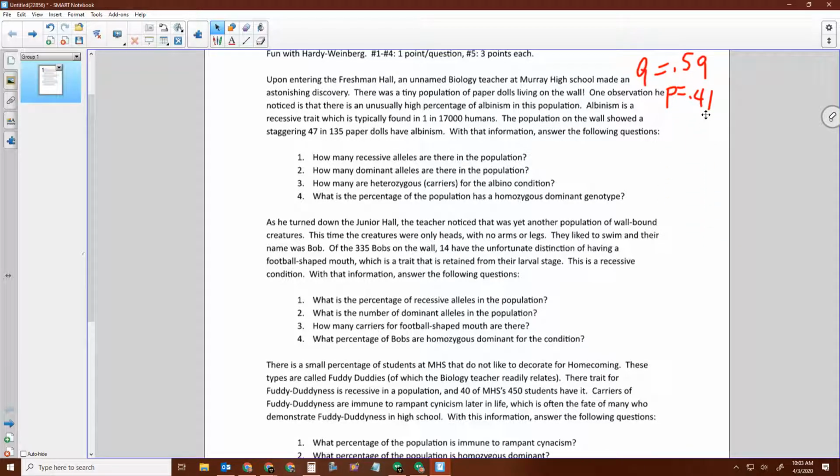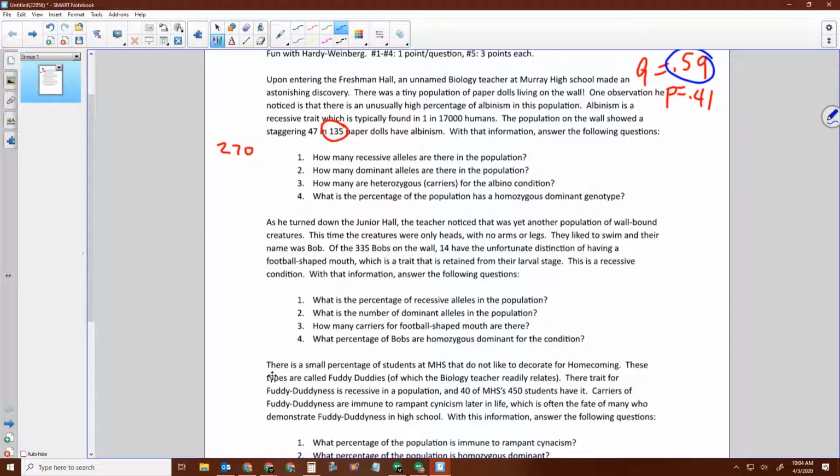And so let's look at number one. How many recessive alleles are there in the population? All right, so it's asking me not for a percentage, but for an actual number of alleles. I know that there are 135 individuals in the population, so there are 270 alleles because every individual has 2 alleles for this gene. And I also know that the percentage of recessive alleles in the population, which is equal to Q, is 59%.